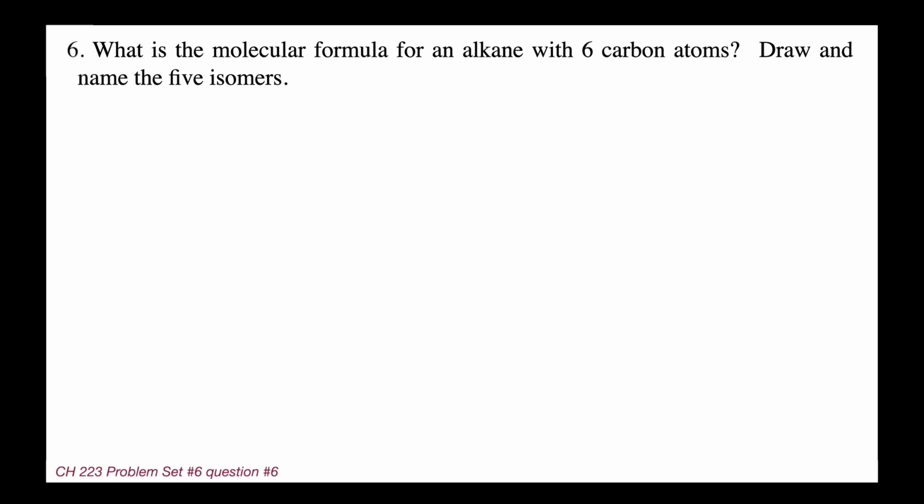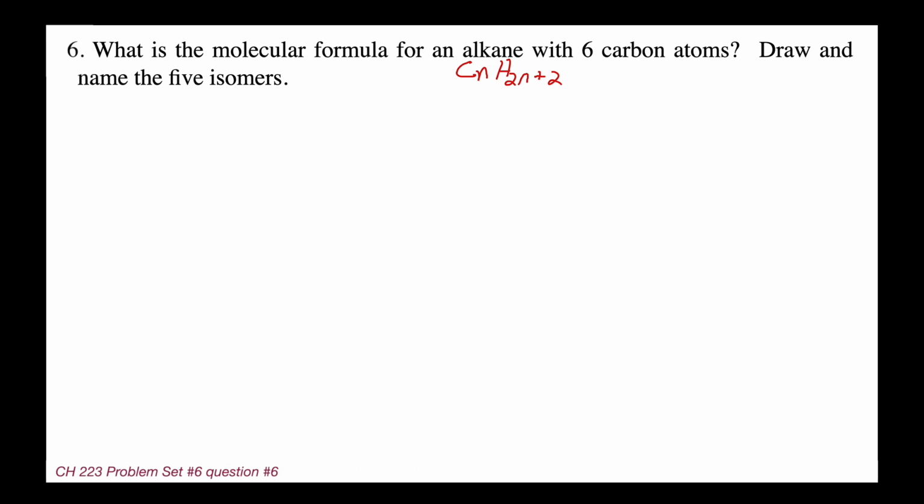Alkanes have the general formula CnH2n+2. So if you know the number of carbons, like we do in the first question, we can use that value, which is n in that equation, and figure out the number of hydrogens. So if we have 6 carbons, n is 6, and the number of hydrogens equals 2n+2, so 2 times 6 plus 2, the formula here should be C6H14.